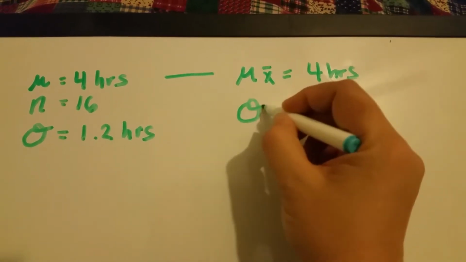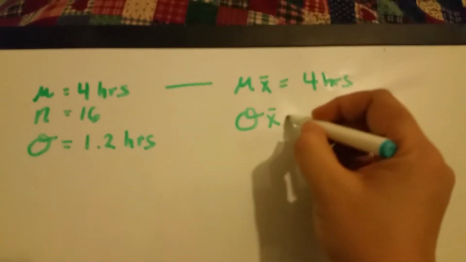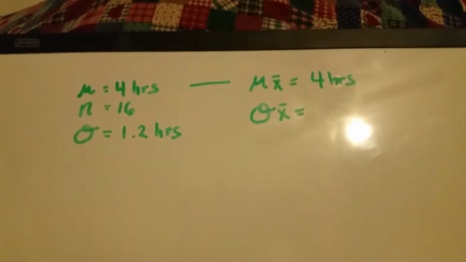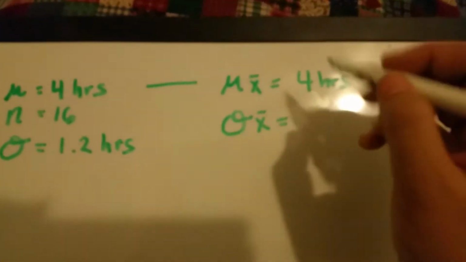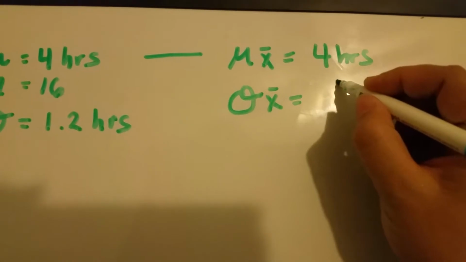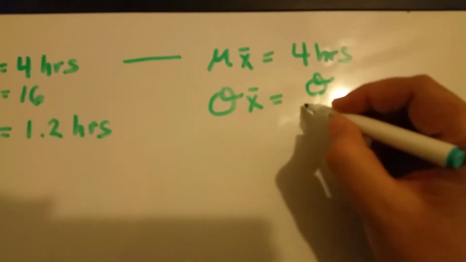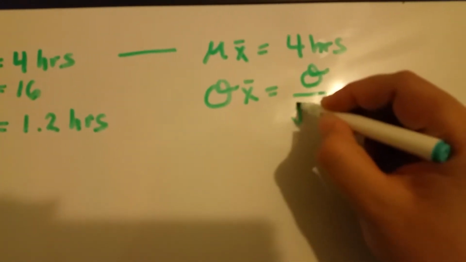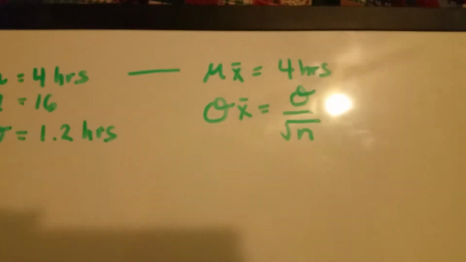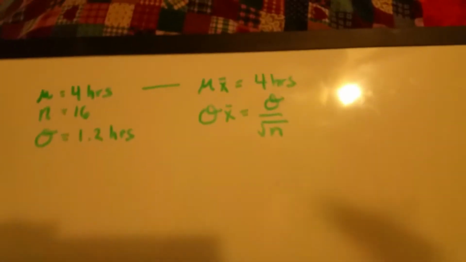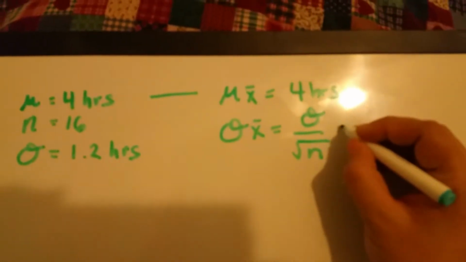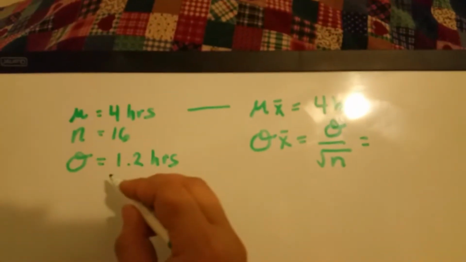But the standard deviation of the sample is going to be different. And to do that, we have to get the formula, which is, we're going to take the standard deviation over the square root of the count.